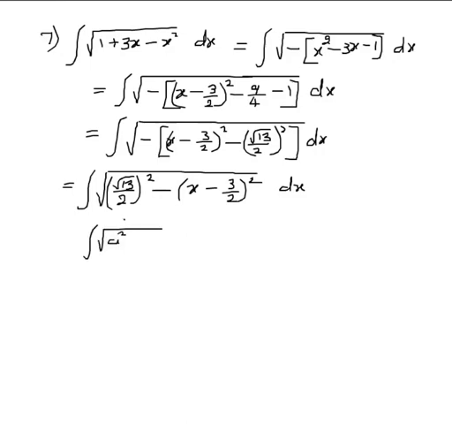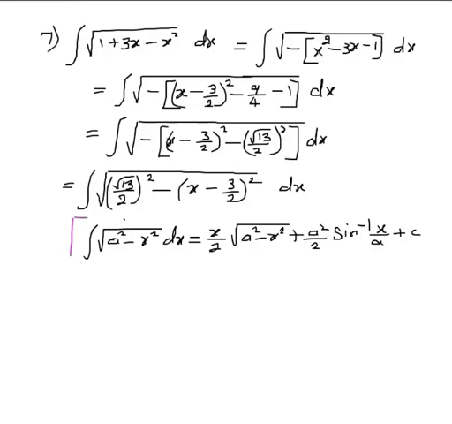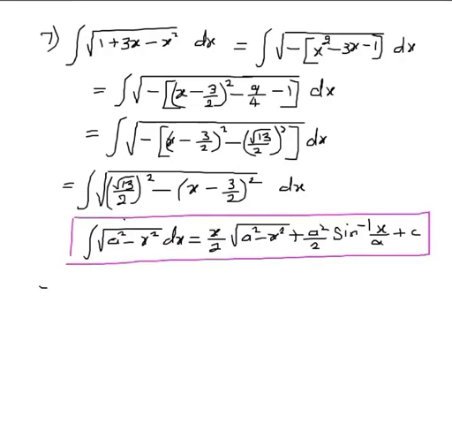Use the formula integral root of a square minus x square dx, which is x by 2 root of a square minus x square plus a square by 2 sine inverse of x by a, and plus c. x in this question is x minus 3 by 2. Root of this expression I have to write.